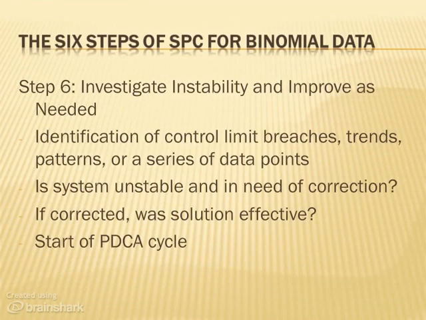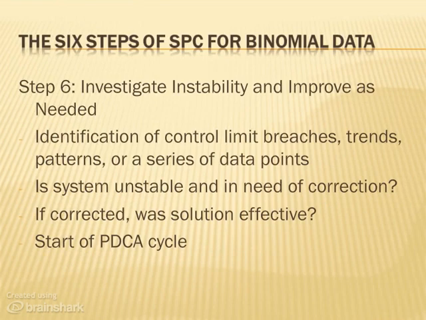So again, to summarize, after looking at those examples, is that we need to investigate any instabilities and improve as needed. So looking at those control limit breaches, the trends, the patterns, going back to Shewhart's rules of when data points are clustered above and below the line, or you see an upward trend of so many points and so forth, they're really helpful in identifying patterns that need to be investigated further.